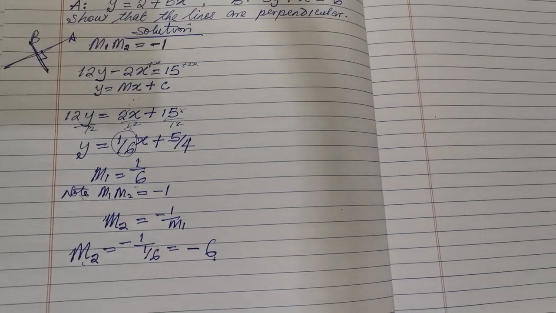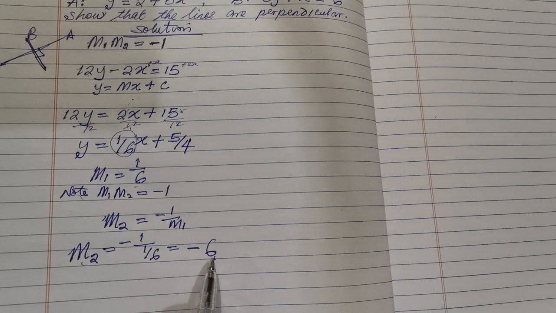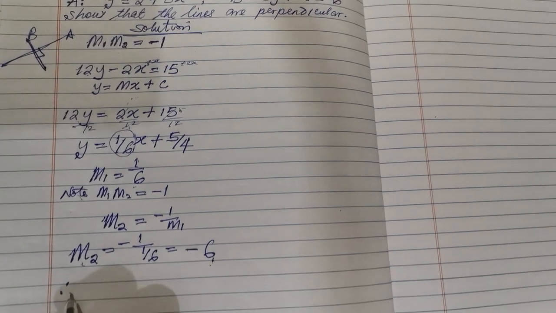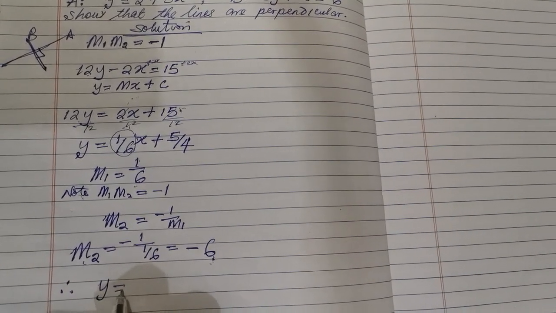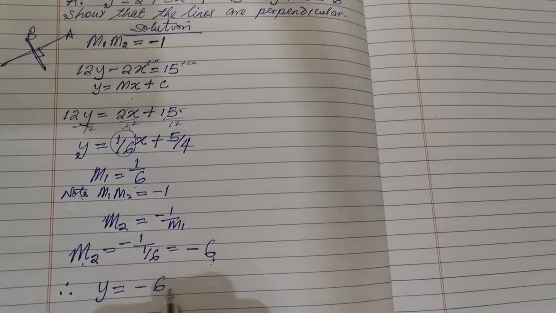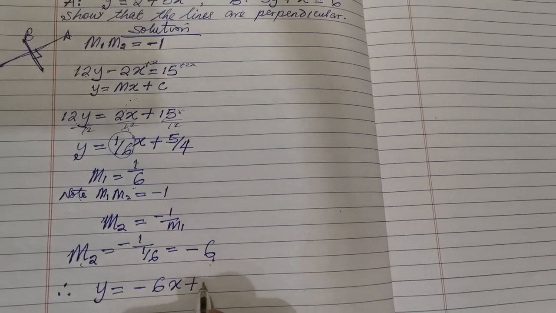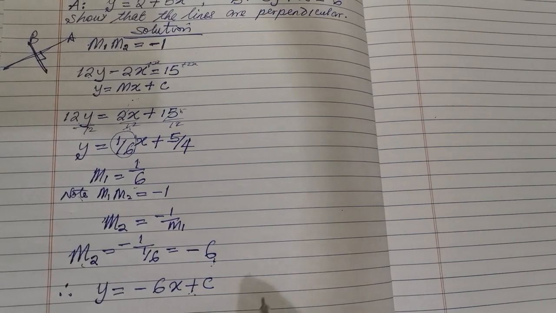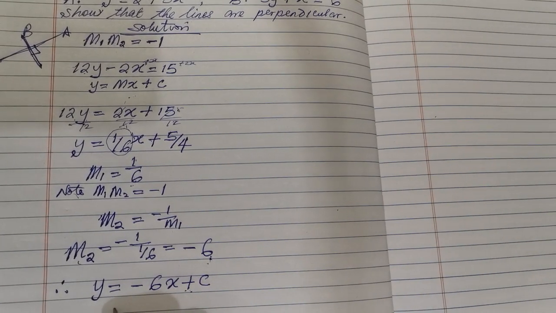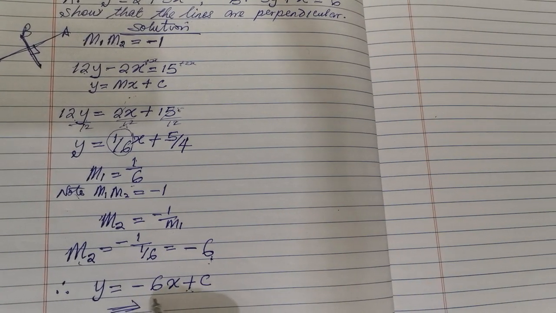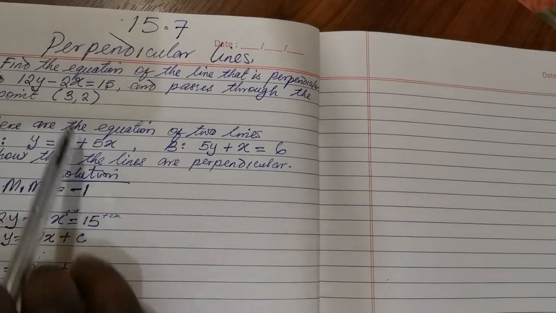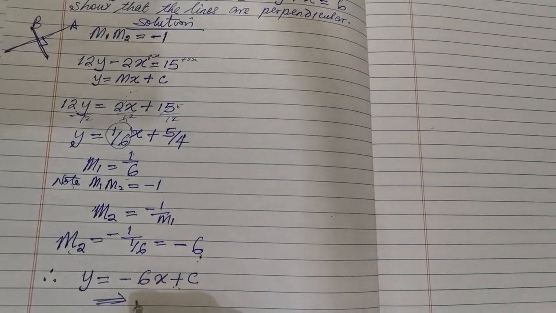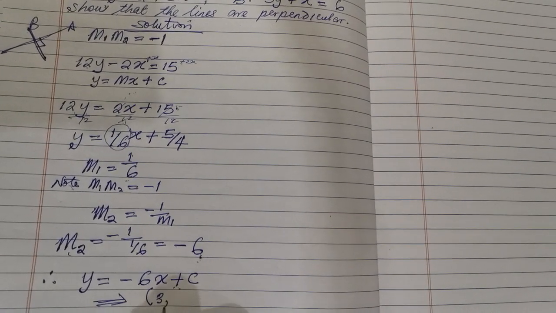So since I've obtained the gradient that is perpendicular, the equation will now be y equal to minus 6x plus c. And they say that this equation passes through the point (3, 2).